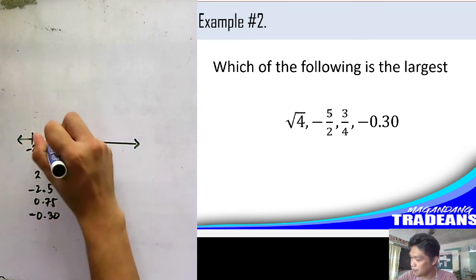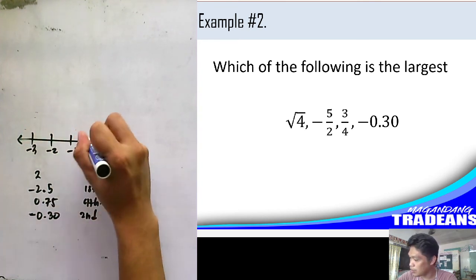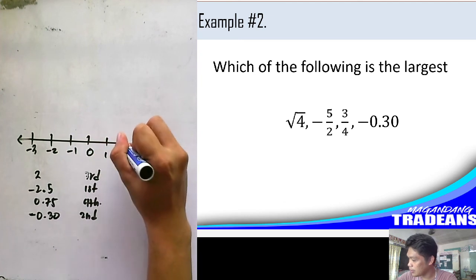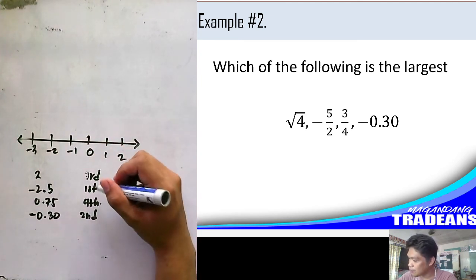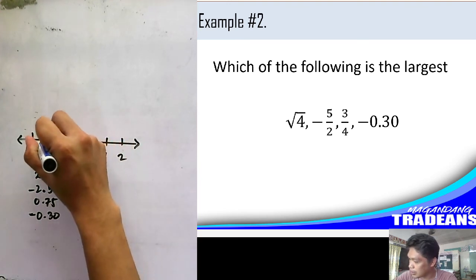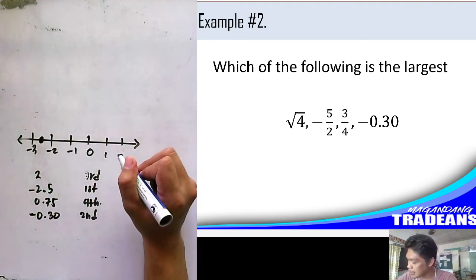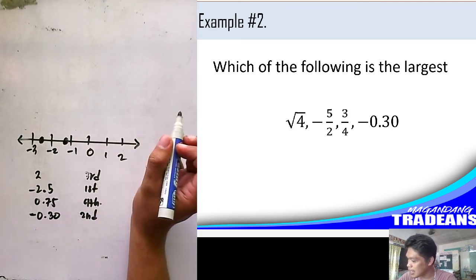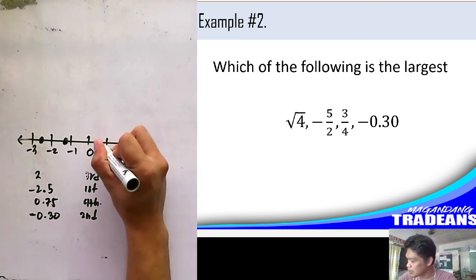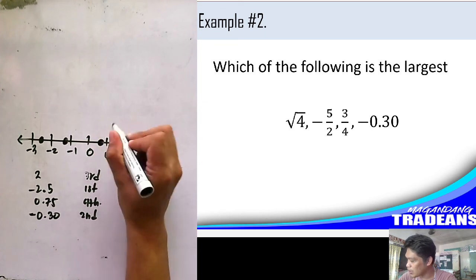Negative 3, negative 2, negative 1, 0, 1, 2. Okay? First is negative 2.5. It is in the middle of 2 and 3. Next is second, 0.30. It is near 1, beside 1. Next is 0.75. It is near 0 and 1.